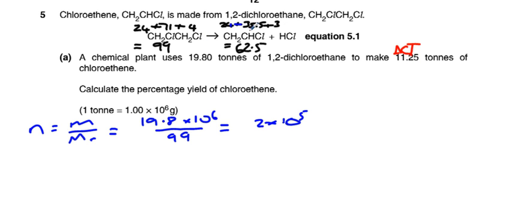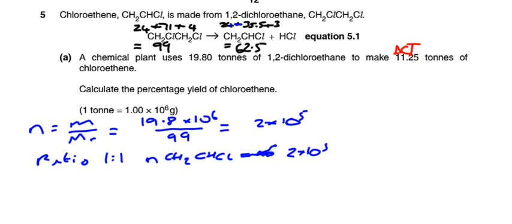It means that theoretically that's the same number of moles, as it's a 1-to-1 ratio, that I will get of chloroethene. So I can say that my ratio is 1 to 1. So the number of moles of CH2=CHCl, which is my chloroethene, is also equal to 2 times 10 to the 5.